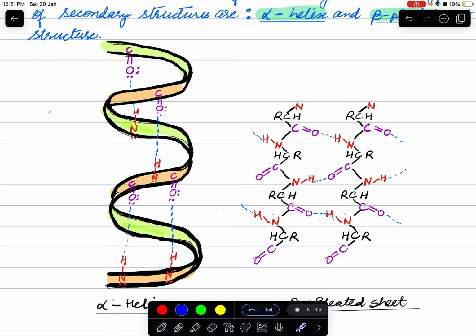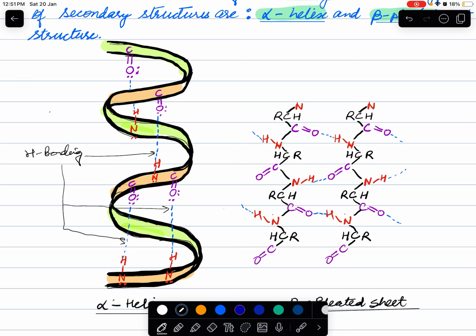We are having this oxo group of one amino acid, and this is NH group of another one, and in between these two we are having this hydrogen bond. Same we have in this case, or we are having here also hydrogen bonding. So because of this hydrogen bonding, we have this secondary structure we call alpha helix.